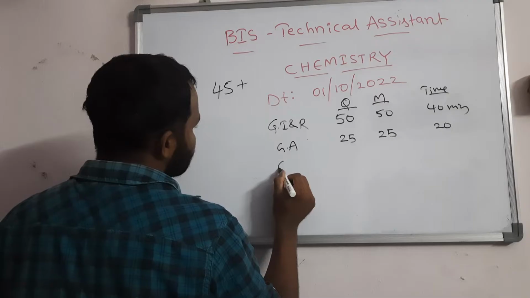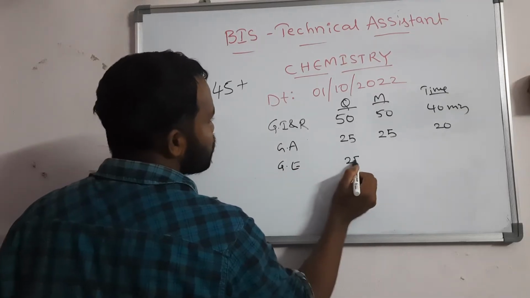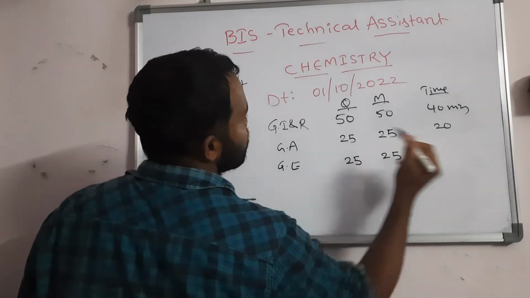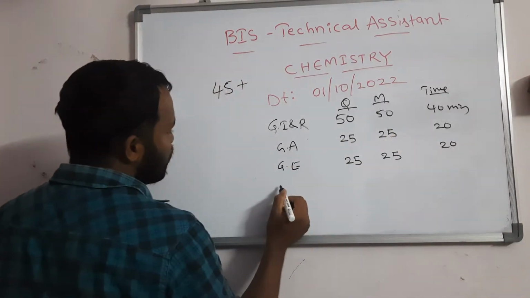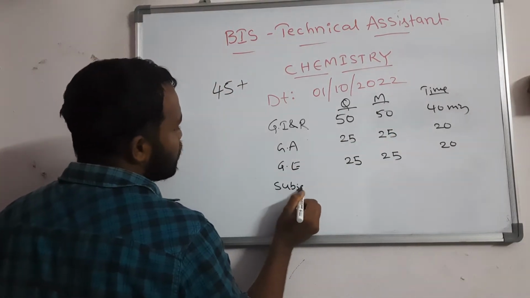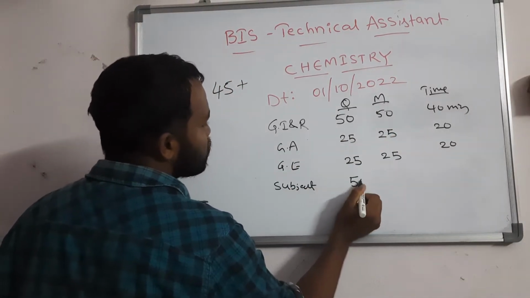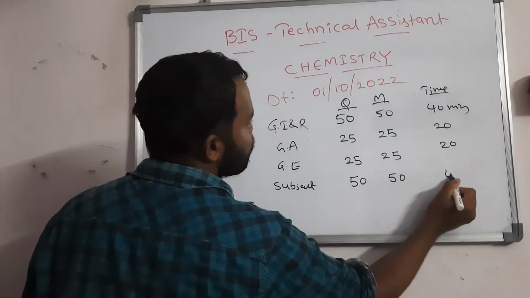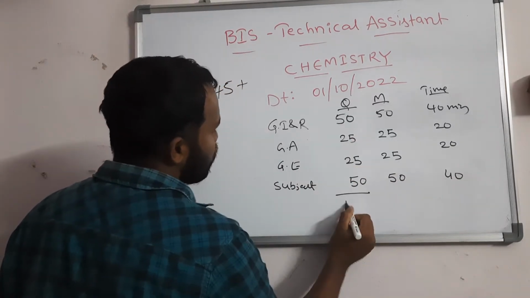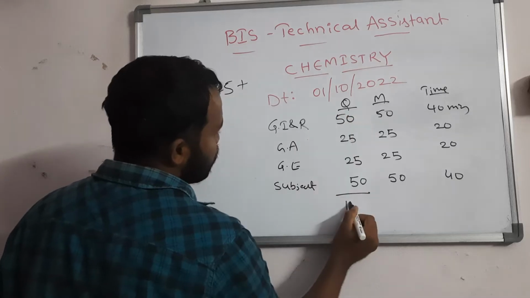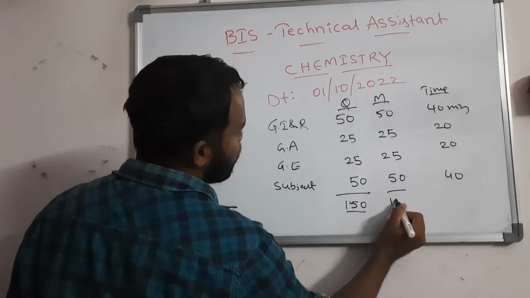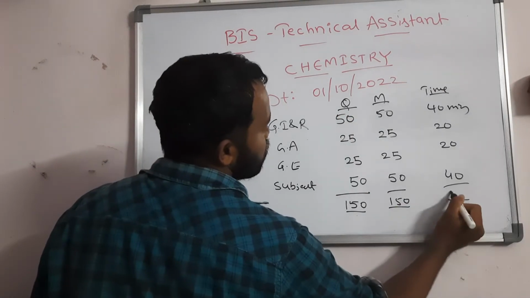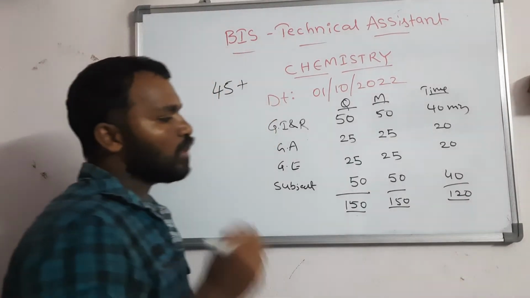After that, general English, 25 questions, 25 marks, 20 minutes. And finally, subject, they gave 50 questions, 50 marks, to do in 40 minutes. So this is 150 questions, 150 marks, to do in 120 minutes, that is 2 hours.